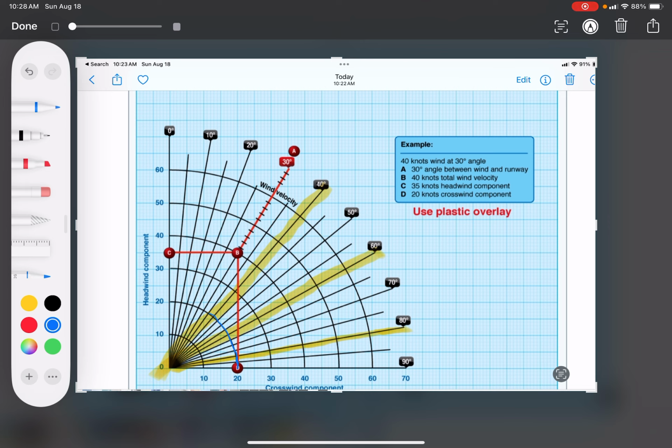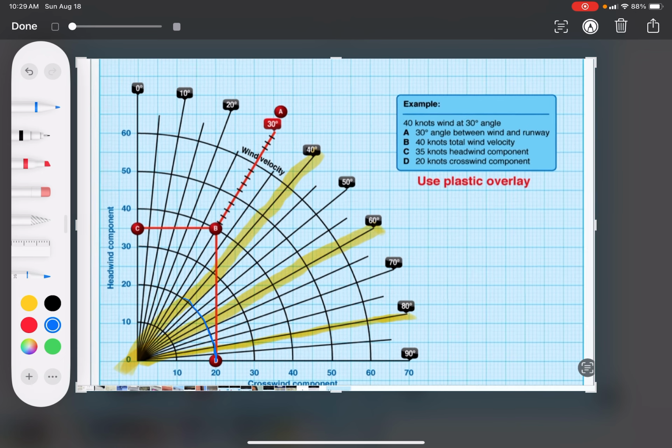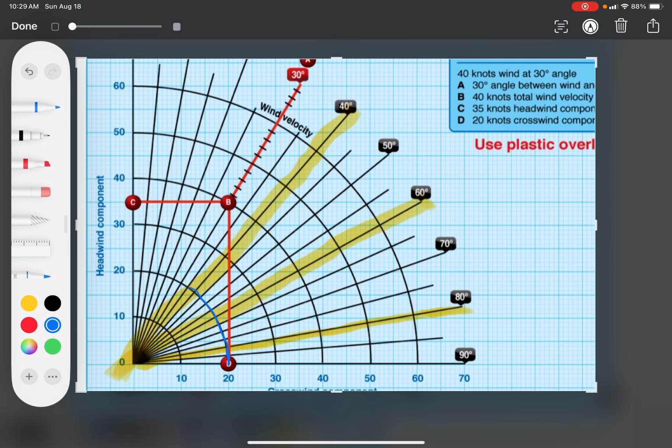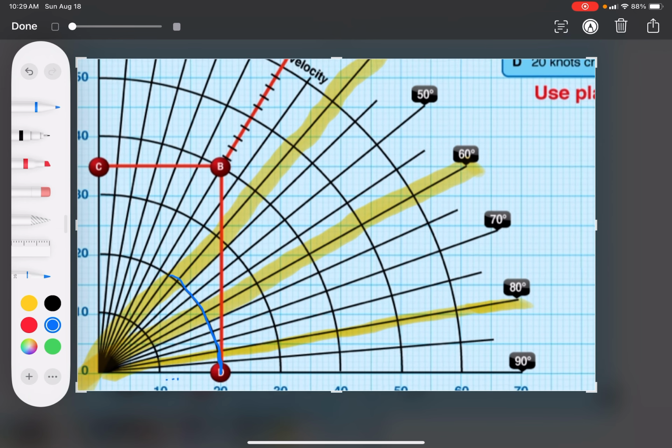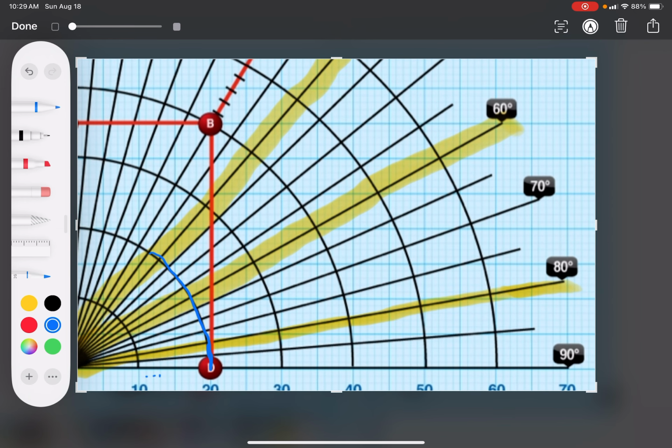crosswind is 13. I'm going to zoom in here. 1, 2, 3. You can see right there that the crosswind component for 40 degrees at 20 knots is right on the line. I mean, it's barely there. You can see 60 degrees at 20 knots isn't going to work.